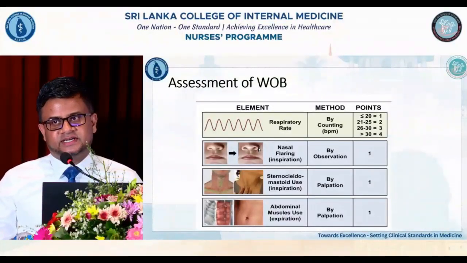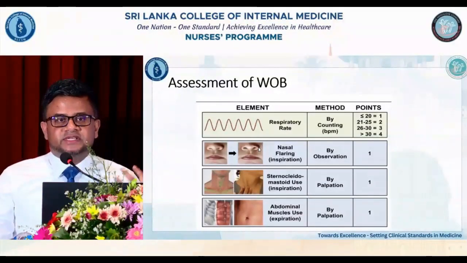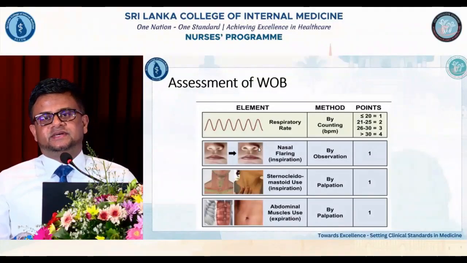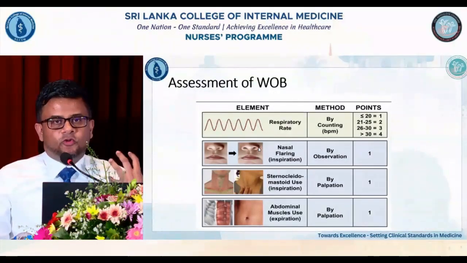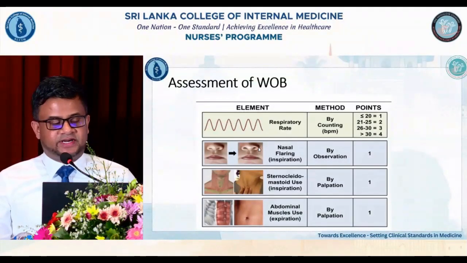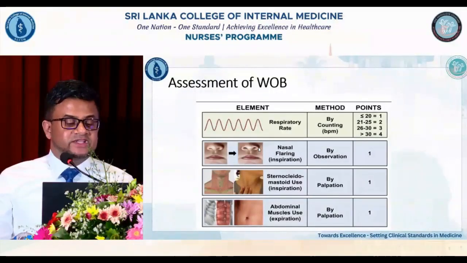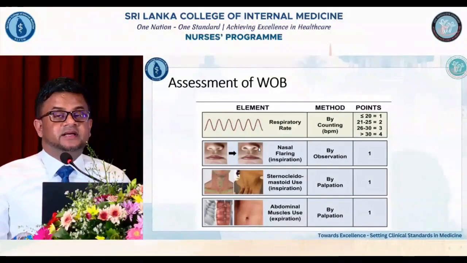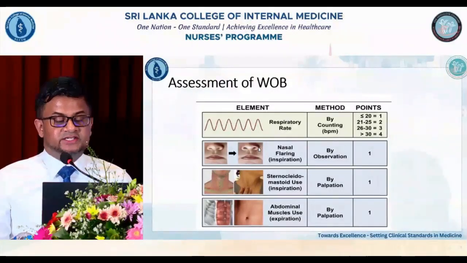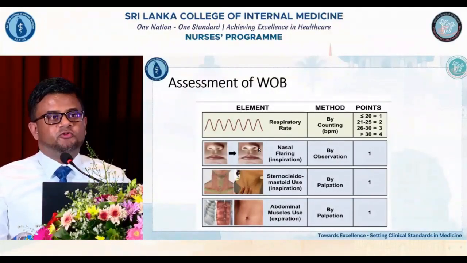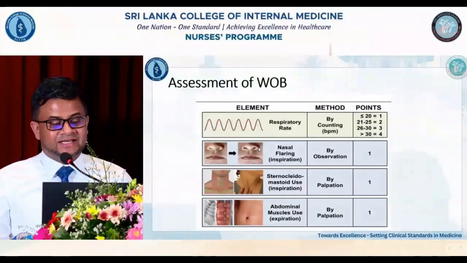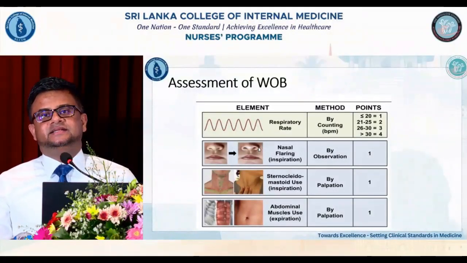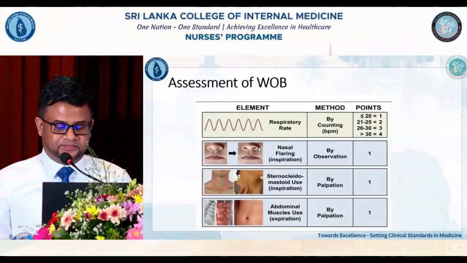As Dr. Ranga Gunasekera said, the respiratory rate is one of the most important vitals which has not been done properly. So have an idea about the respiratory rate and see whether the patient is having nasal flaring, sternocleidomastoid usage, or abdominal muscle usage, so use of accessory muscles of respiration. If that is there, escalate this patient to the medical team.